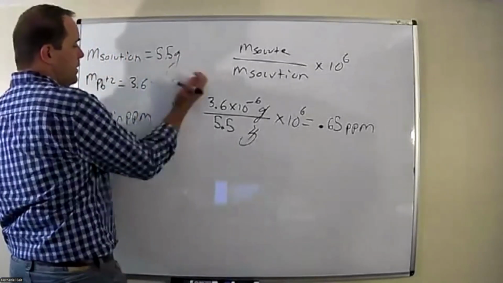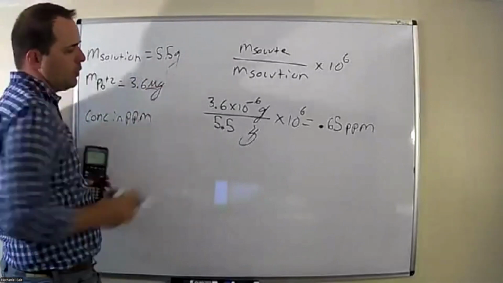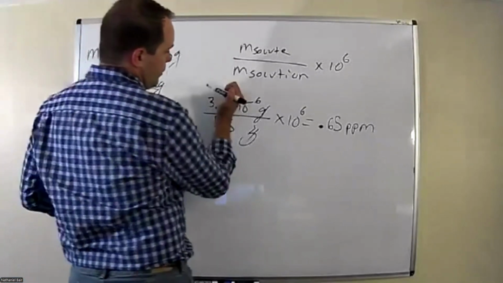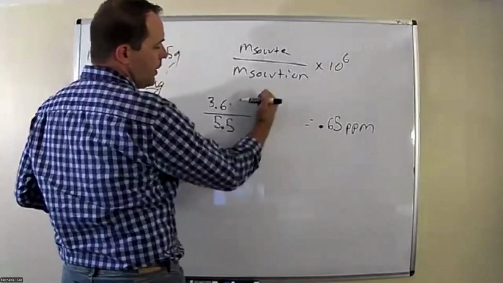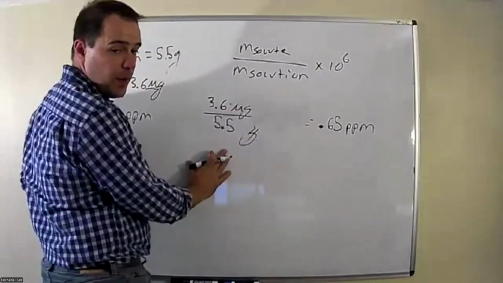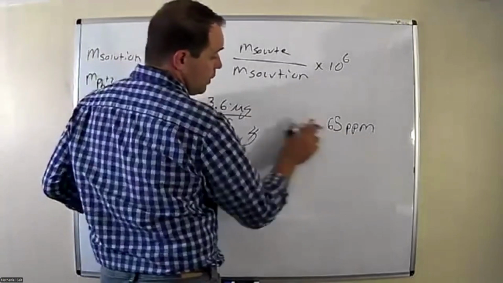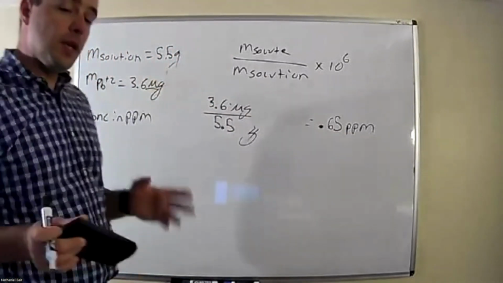The shortcut you can take, and this is what the original problem was: originally, this was 3.6 micrograms. Well, micro is a millionth of a gram. So if you have it in micrograms, you essentially don't need to multiply by a million. You can take a mass in micrograms divided by the mass of the solution in grams, and you don't have to multiply by a million, which eliminates that step. Same thing with nanograms.